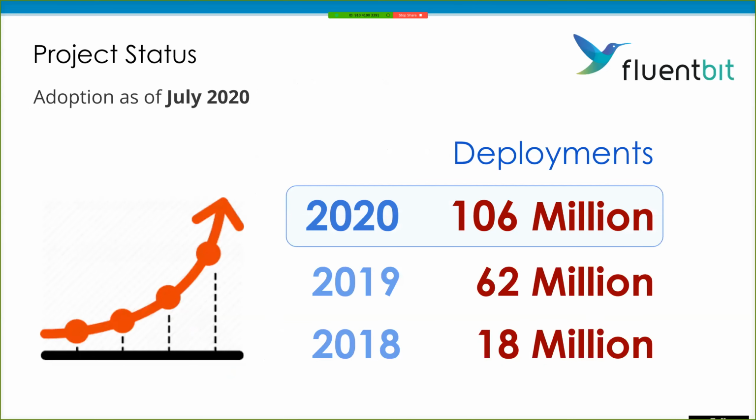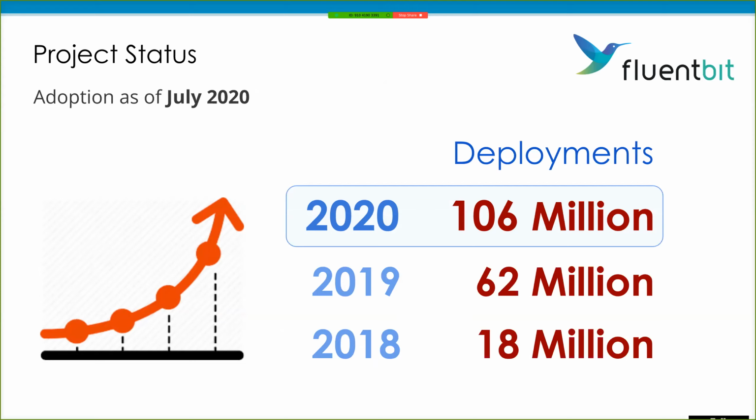And some project status. As you can see, for the adoption of Fluent Bit, we have just a fraction of visibility about who's using it or the number of deployments, but at least from the public perspective, from our Docker Hub repository, in just the first half of this year, we're reaching more than 100 million deployments. So almost every day we have more than 500,000, and the stats keep growing.